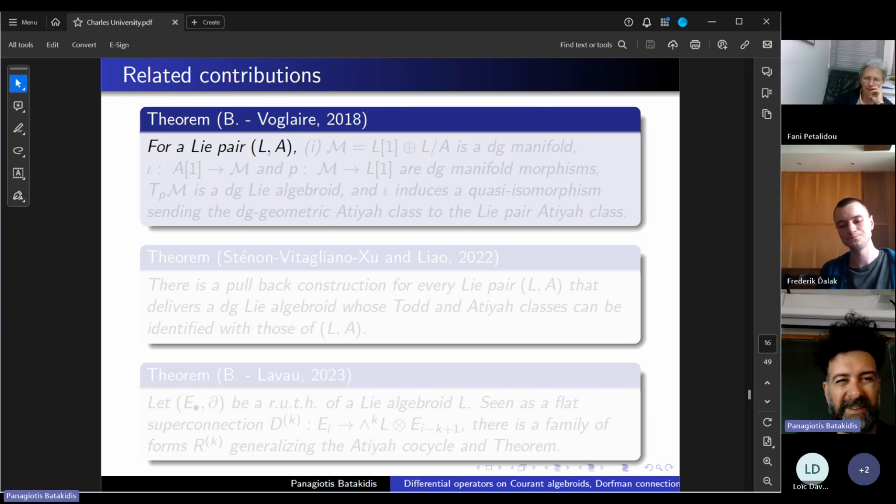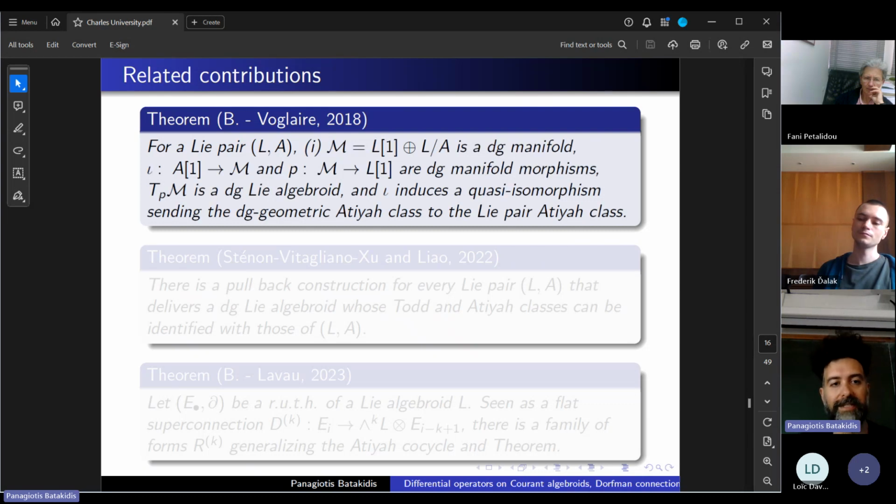So the first theorem is by myself with Yannick Vogler from 2018. We're building DG Lie algebroid structures on tangent spaces of graded vector bundles.